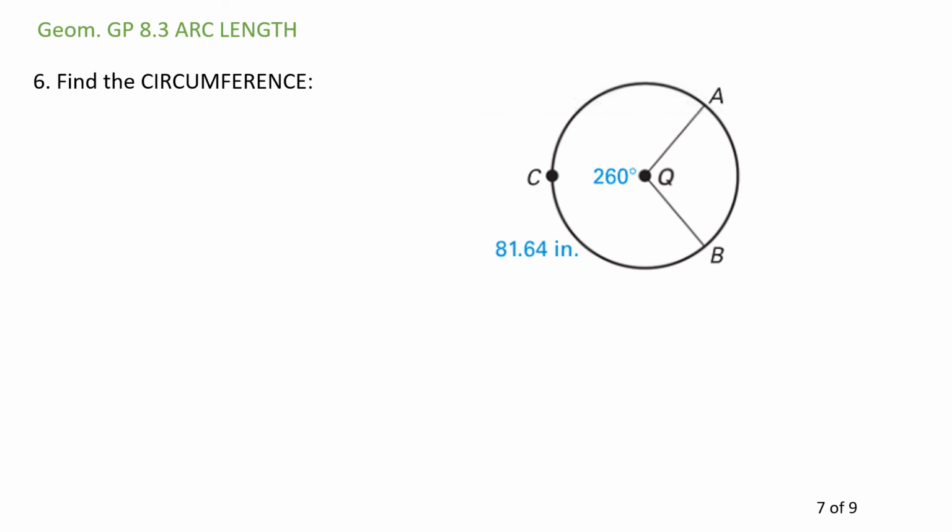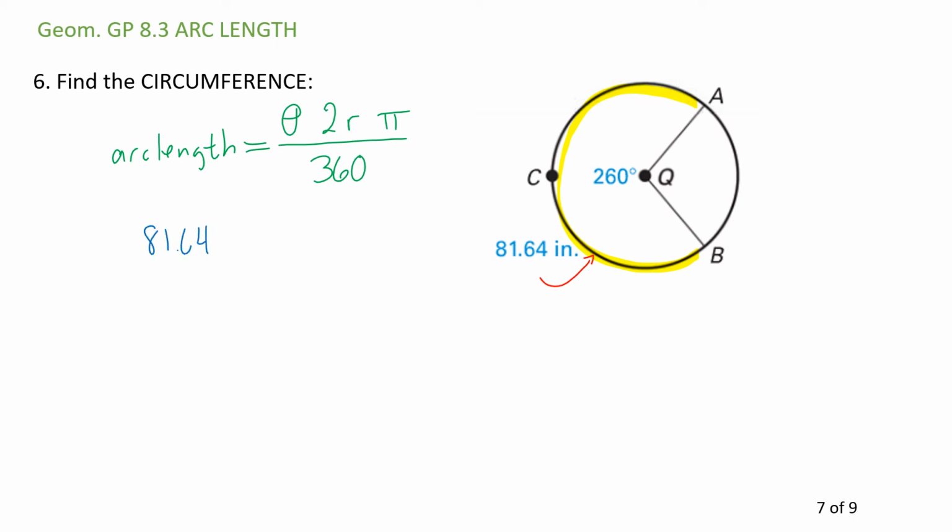How about a backward problem? I want to find the circumference. This 81.64 refers only to that portion of it. This is not the circumference. So the arc length in this case, I'm going to do the formula, is equal to central angle, 2 times the radius, times pi, all over 360 degrees. Well, in this case, they're telling me the arc length, 81.64.